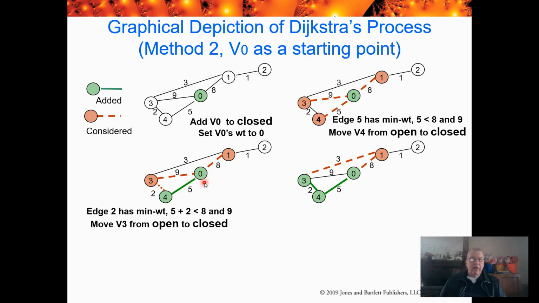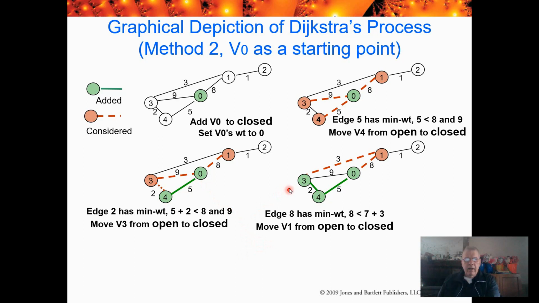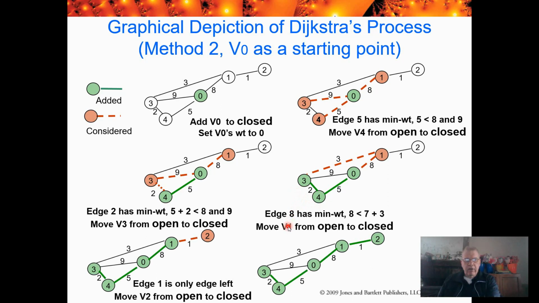Set the backpath, and it's just, in this case, vertex 0, so that you know how you got there. Same thing over here. When you find vertex 3 should be included in the closed set, you set a backpath from 3 to 4, because that's how you got there, and so forth. So it's exactly the same as method 1, gives the same result, and it gives the same minimum path lengths.